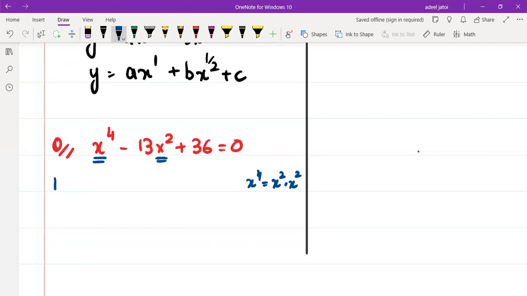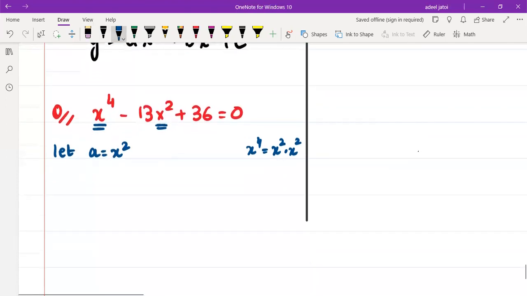So we can suppose a is equal to x squared. Then x to the power 4 is x squared times x squared, which can be written as a multiplied by a, so a squared. So this should be a squared minus 13a plus 36 is equal to 0.